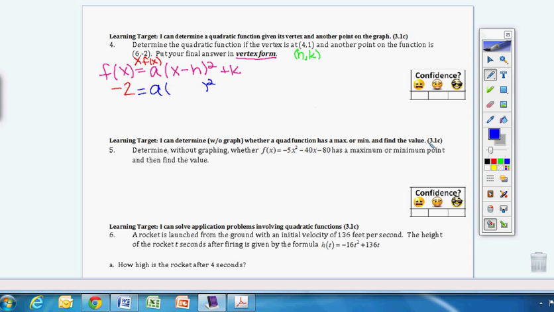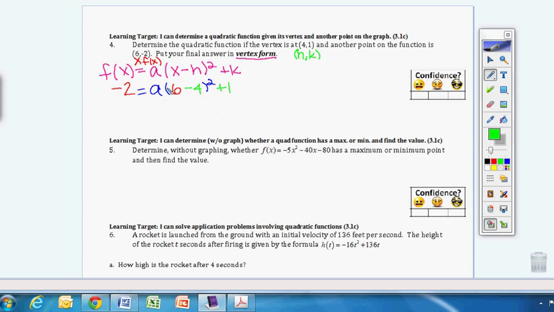My x value is 6. My h is +4, but we are going to make that opposite. And my k value is 1, so +1.